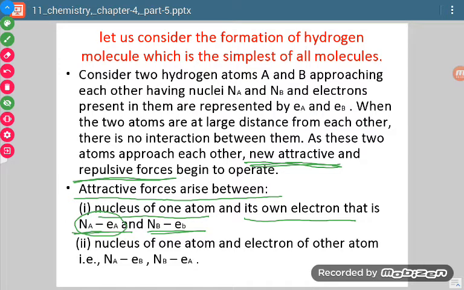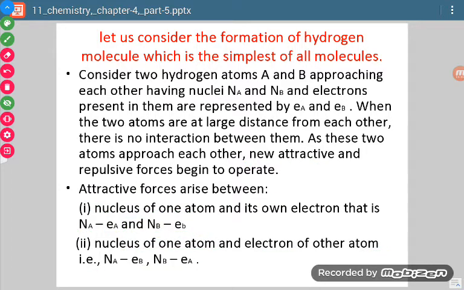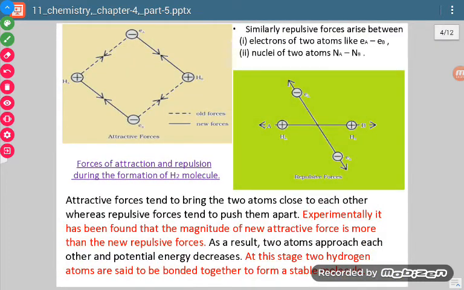But when they come nearer to each other, the nucleus of one atom and the electron of the other atom get attracted. So the nucleus of atom A attracts the electron of atom B, and the nucleus of atom B attracts the electron of atom A. This is a new attractive force.